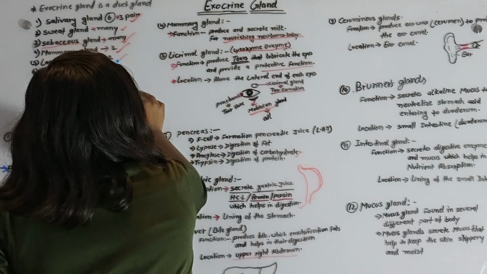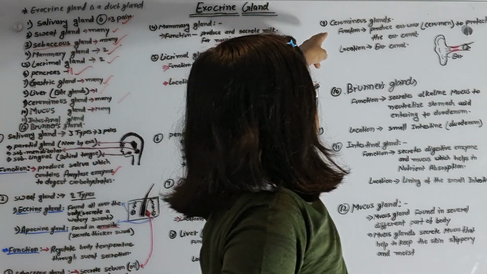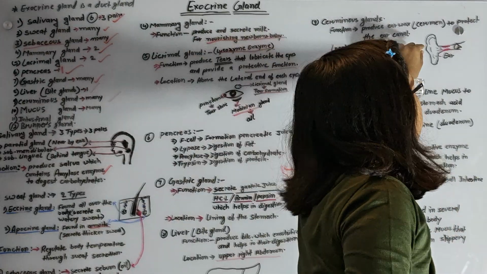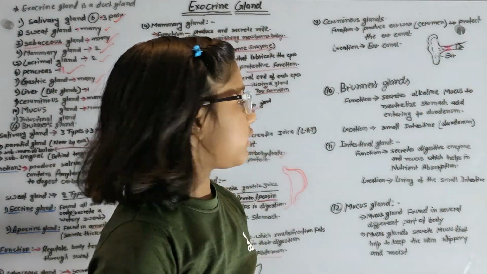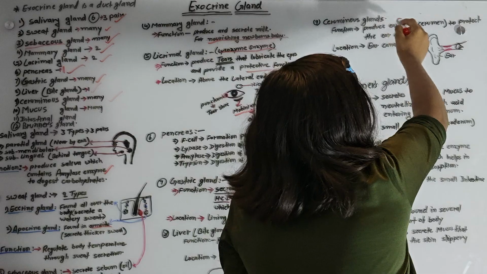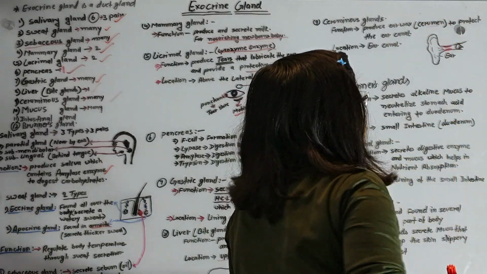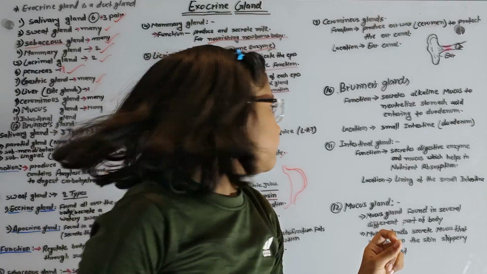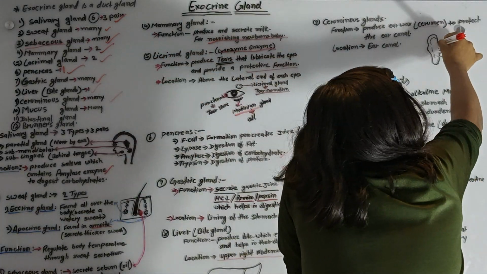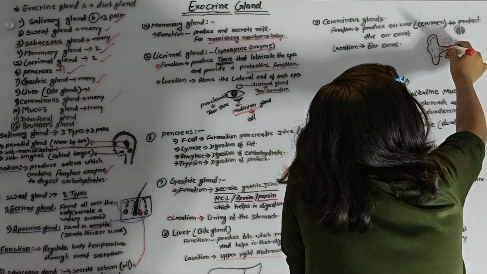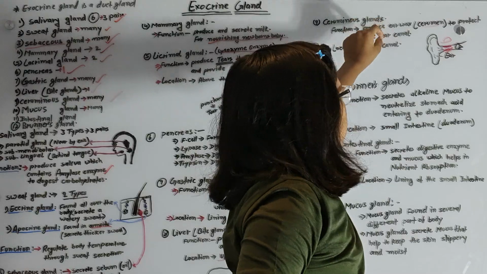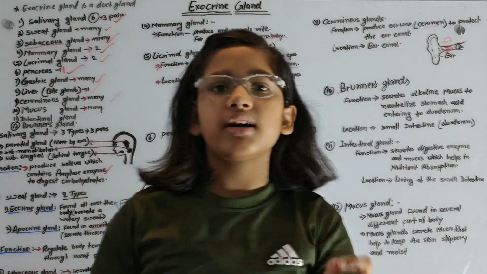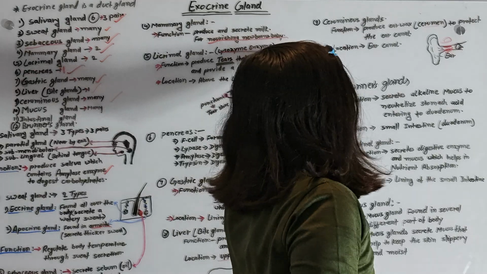Now ceruminous gland. Ceruminous gland function, it produces ear wax. It is present in the ear, it is located in the ear. It produces ear wax or cerumen to protect the ear canal. Okay, here is ceruminous gland present, it produces the cerumen which protects the ear canal.